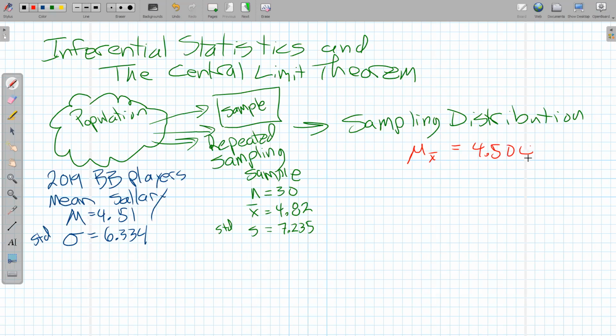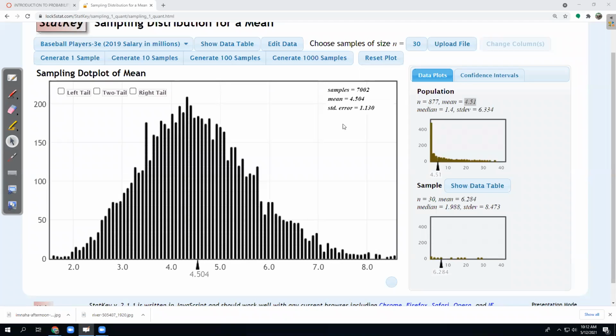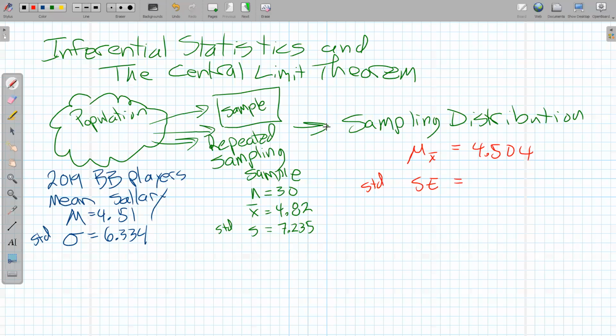4.504. It has a standard deviation called the standard error. So that's its STD. This is important because we need this as part of the central limit theorem. That's my next big point. According to StatKey, the standard deviation of these means is about 1.130.